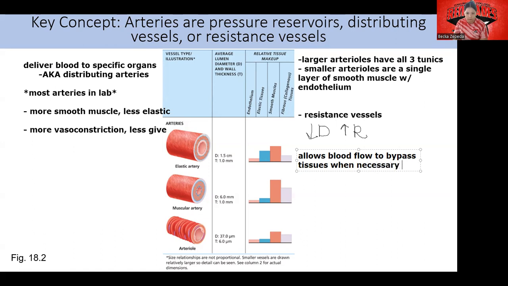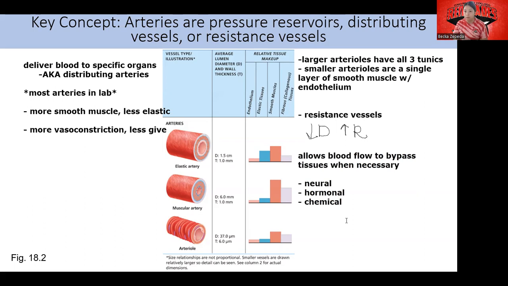And they work off of both neural from the brain, fight or flight response, hormonal, like with norepinephrine and epinephrine, they can act as hormones, and then chemical. So it works off of neural, hormonal, and chemical cues in order to decrease or increase that diameter and resistance. And so, like I said, during your fight or flight response, you're going to probably slow down blood flow.